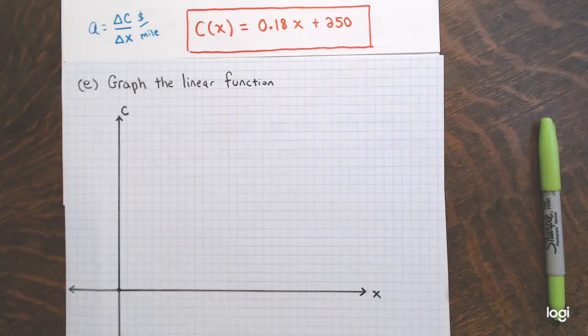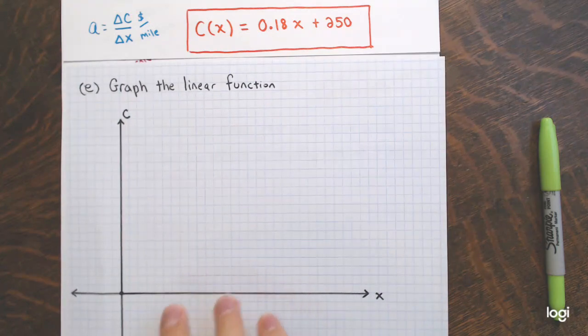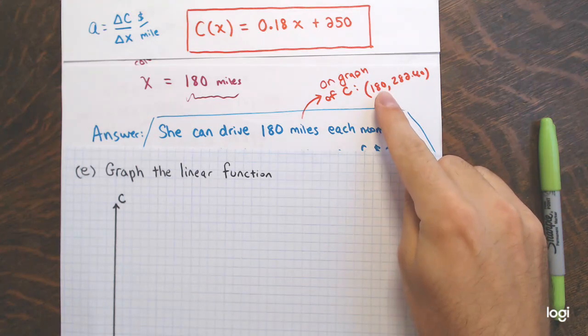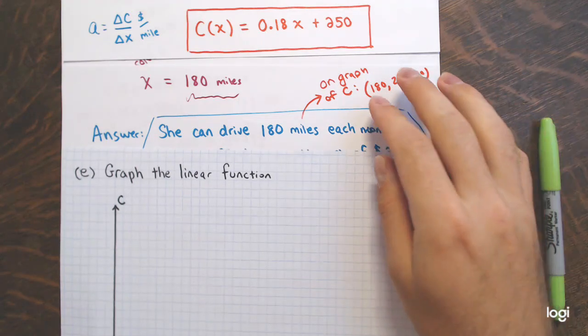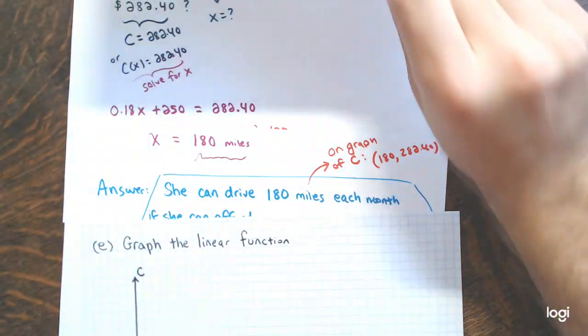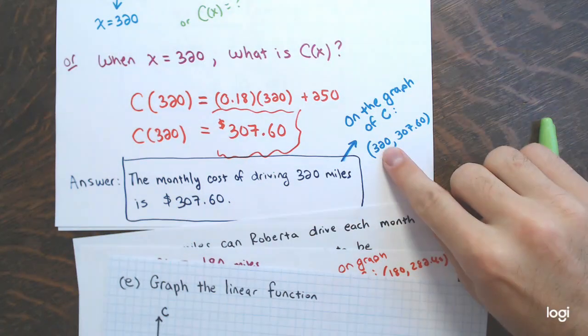All right, so some points to plot. Now, before I get to point plotting, let's talk about how I'm going to label each square. Just noticing some points that we had, I've got 180 here for the x in part D, and in part C, I had a point with 320.